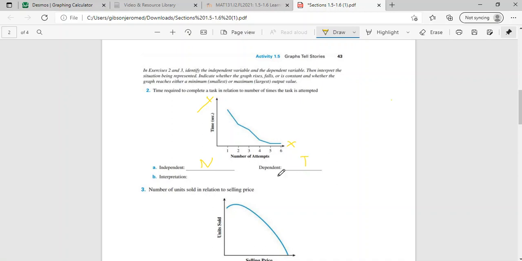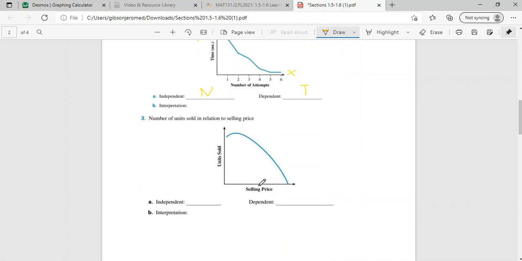Okay, now we go down here to number 3. The number of units sold in relation to selling price. Now the independent variable, which one is it? Selling price. And the dependent is the units sold.